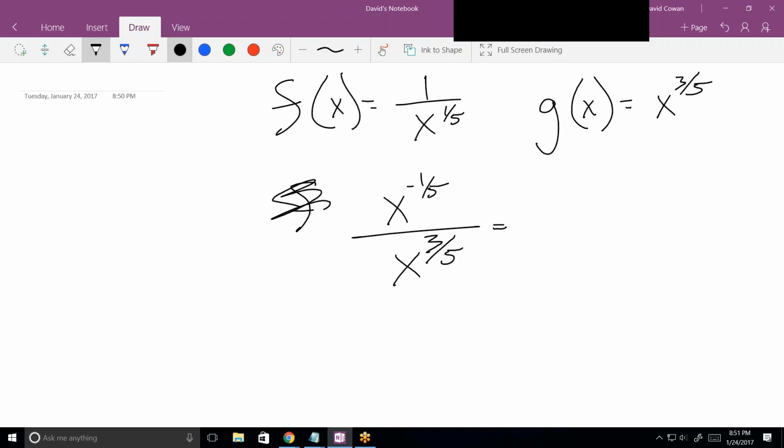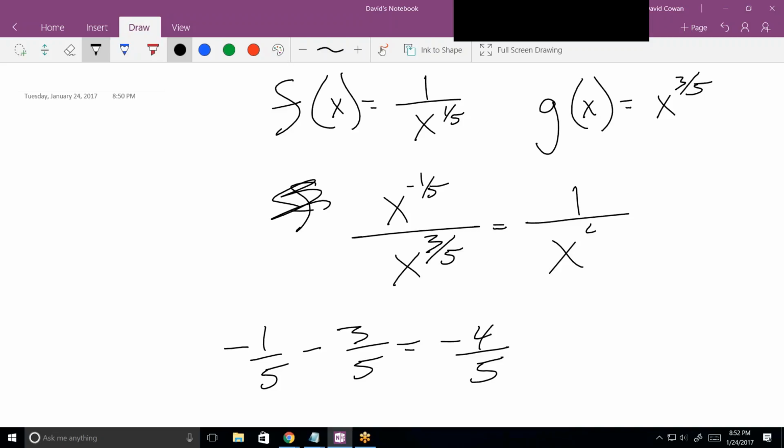Subtract exponents. In other words, I'm doing division, same base, so there's my top exponent. I'm subtracting that exponent. You were right. That's negative 4/5, which is 1 over x to the 4/5.